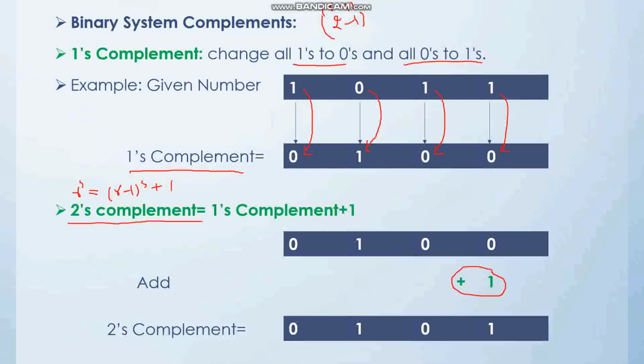So 2's complement is equal to 1's complement plus 1. So 0 plus 1, what will I get? 1. And the remaining bits will continue, 0, 1 and 0. So what do I get here? 0, 1, 0, 0.